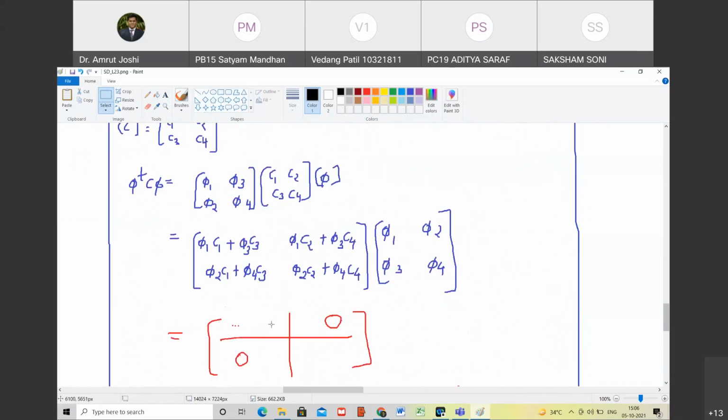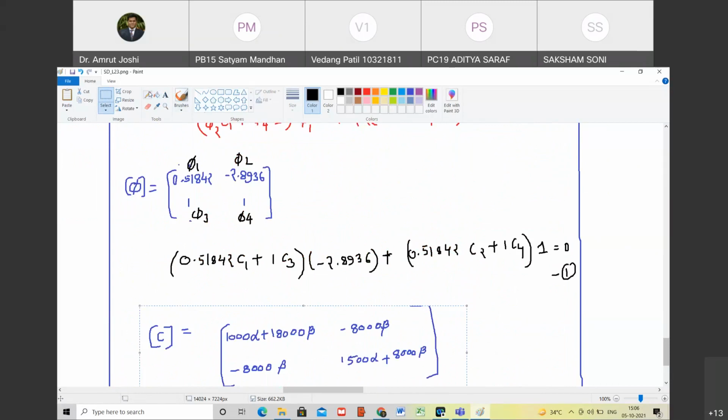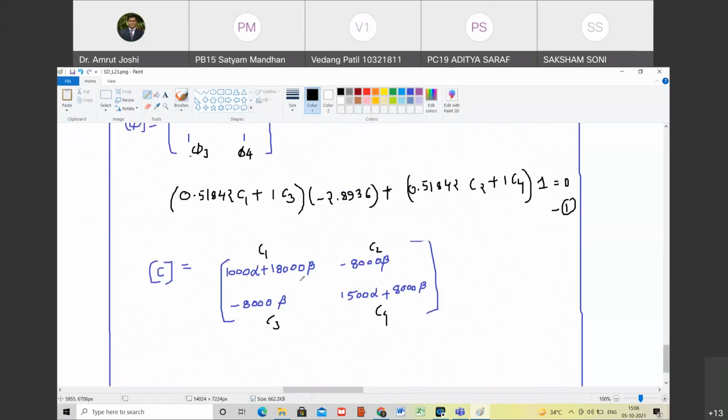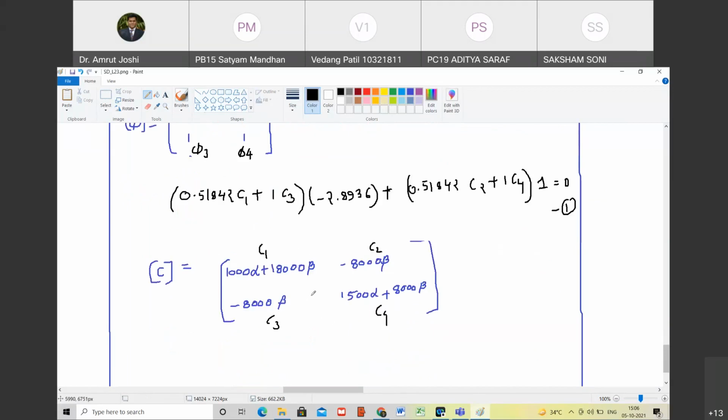This is the C matrix: C1, C2, C3, C4. So I will write down those elements here and substitute. Are you with me? Yes, sir. By substituting we are going to make it easier. How we are going to collect terms in alpha and beta separately. Happy?